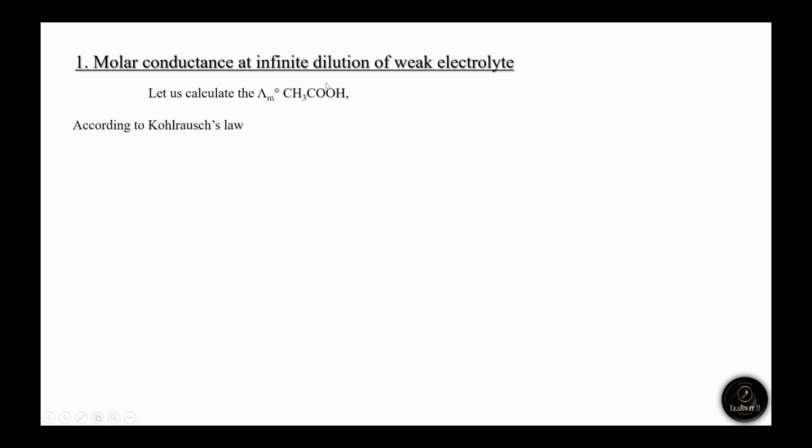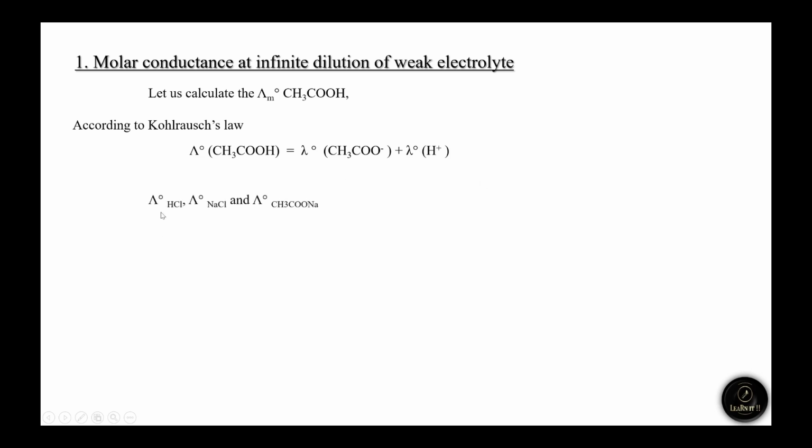According to Kohlrausch law, how can we write it? There are two ions. Cation is H plus, anion is acetate ion, that is CH3COO minus. So according to Kohlrausch law, the molar conductance at infinite dilution for acetic acid is the molar ionic conductance of acetate ion at infinite dilution plus the molar ionic conductance of H plus ions at infinite dilution.